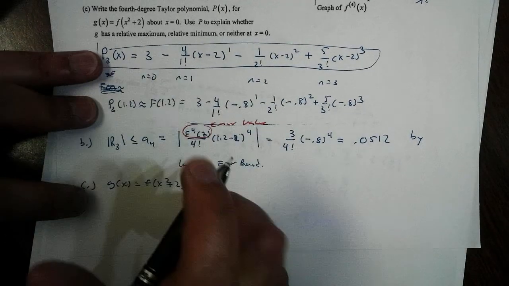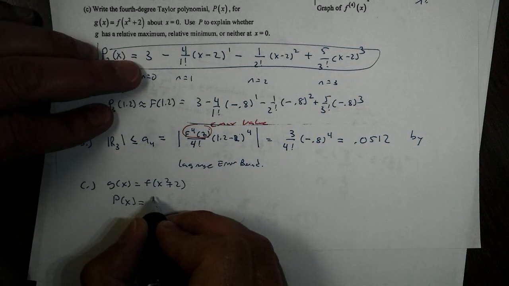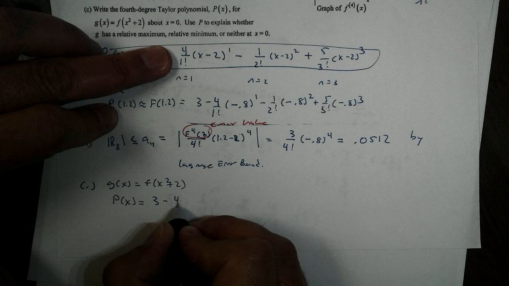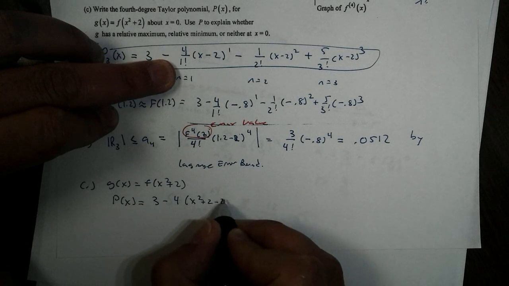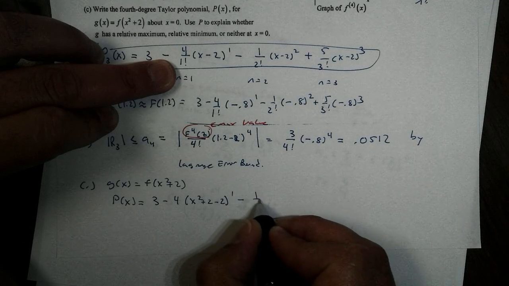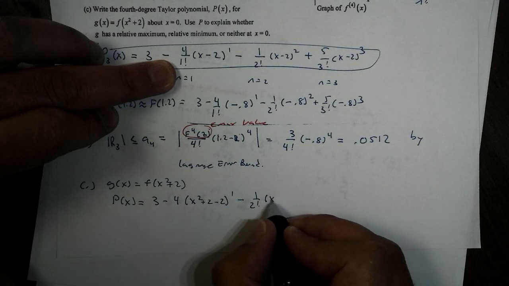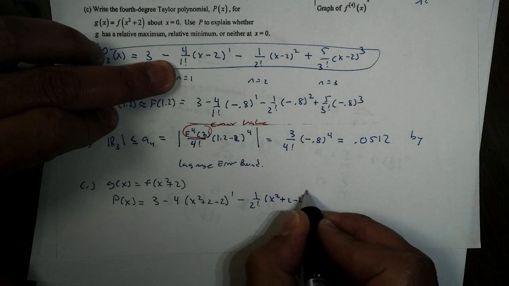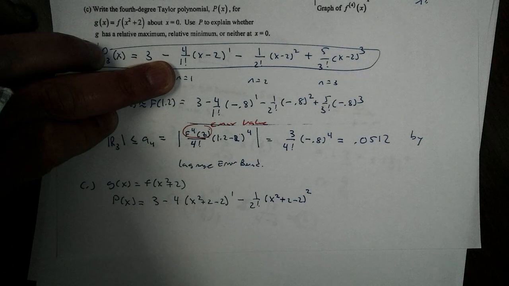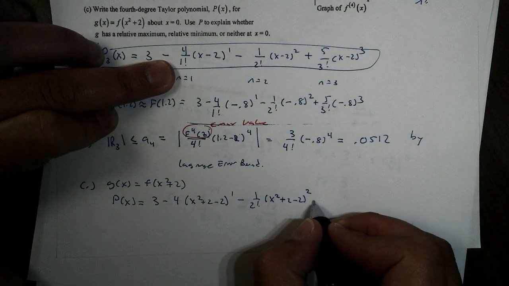So I can now rewrite my new polynomial, p of x equal to 3 minus, this is just 4 really, this becomes, replace this as x squared plus 2 minus 2 to the first, minus 1 over 2 factorial times x squared plus 2 minus 2 squared and so on. And I can do the next one.